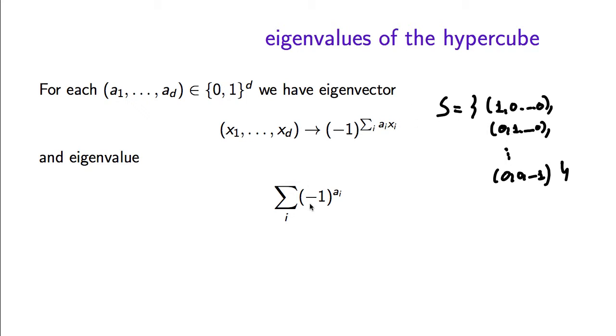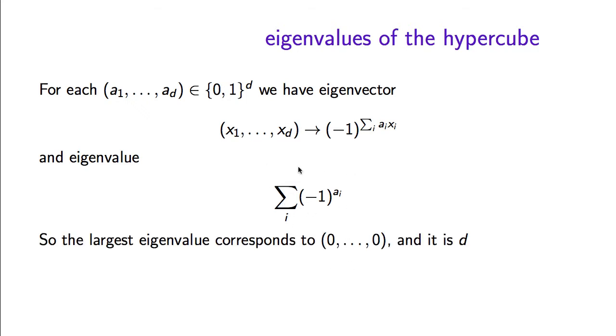So the eigenvalue corresponding to this eigenvector will just be the summation over i of (-1)^ai. And so what is this? The number of zeros in a will contribute 1, and each of the ones in a will contribute minus 1 to the summation.